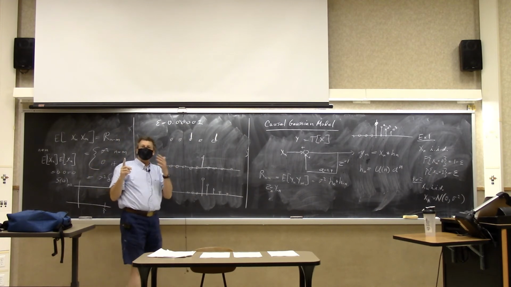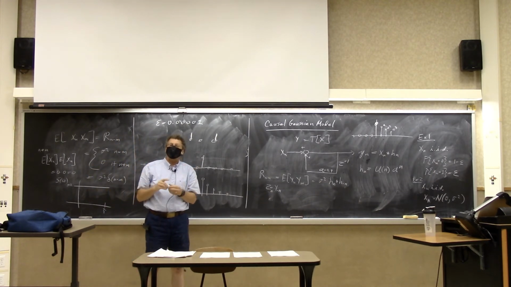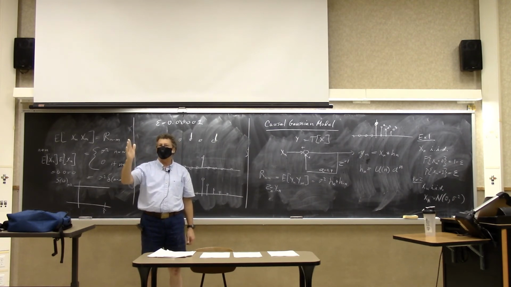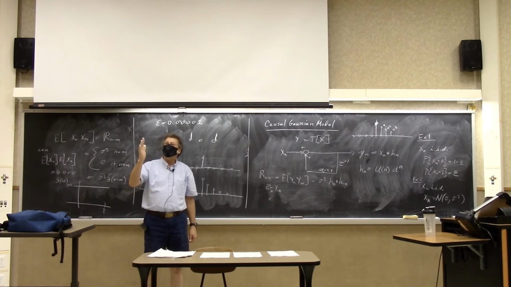But a stationary Gaussian random process is completely specified by two things: its mean and autocorrelation. Let's just say its mean is 0, because that's simple.